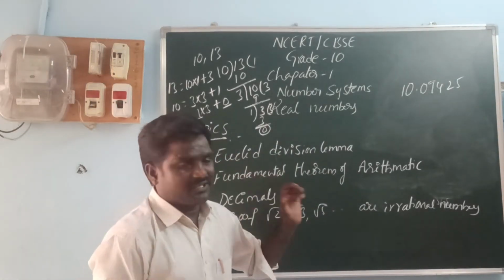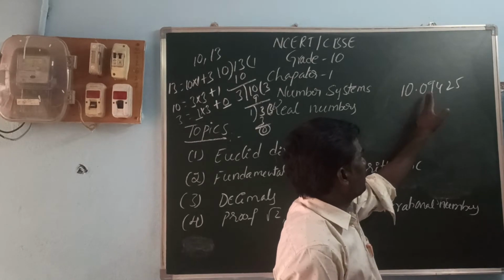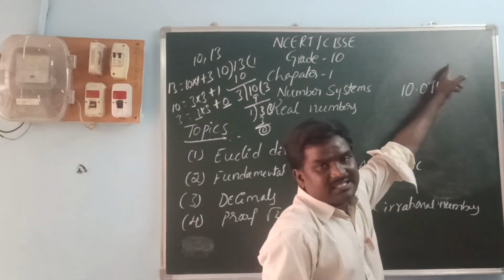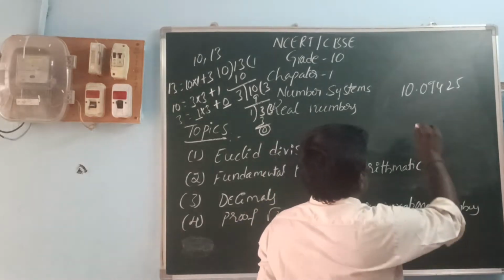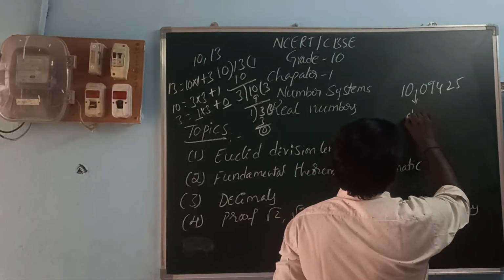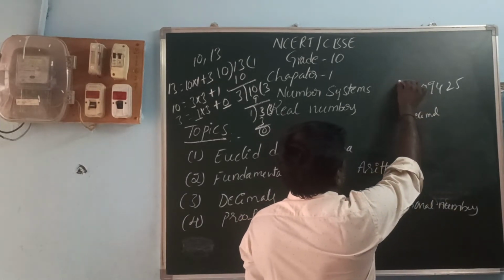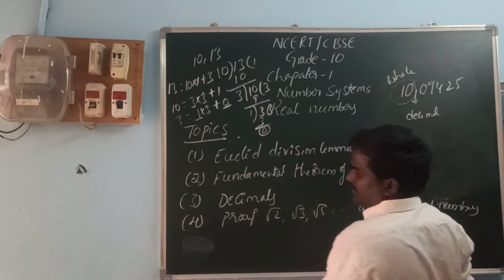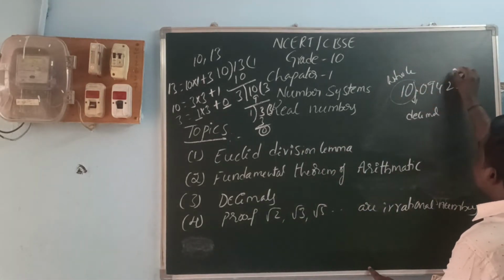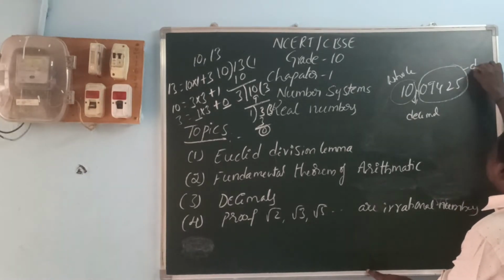The number has 7 digits, and between them we put one point. That point is called the decimal point. Before the decimal point, the digits of the number are called the whole part. After the decimal point, the digits of the number are called decimals.